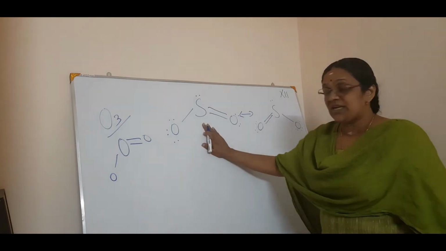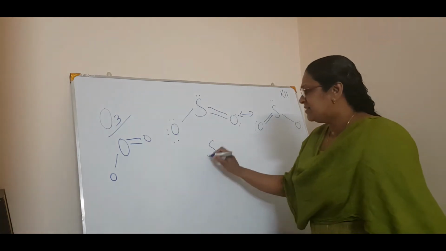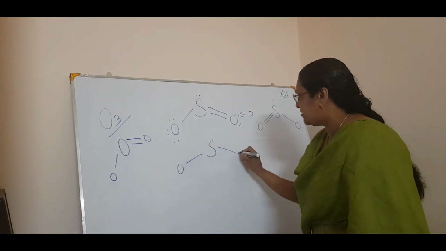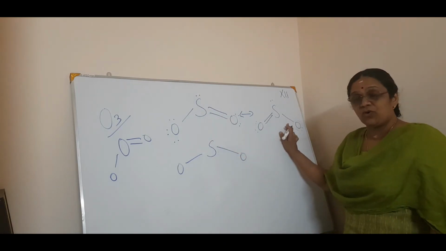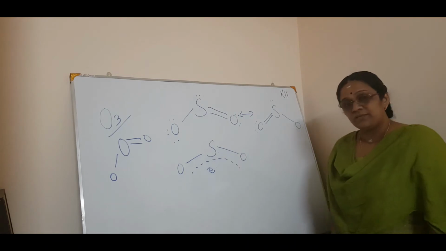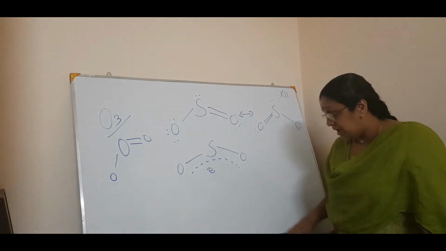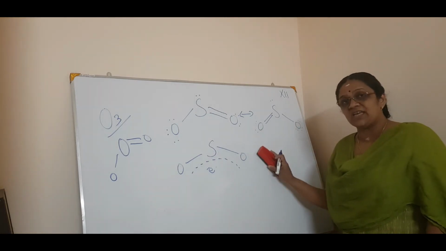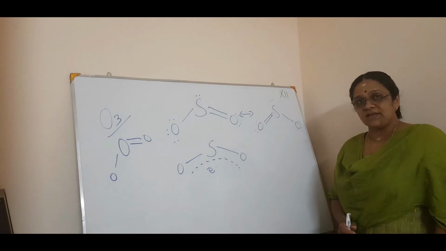So this structure is in resonance with this structure. Now how will you write the hybrid? Just for information, these two bond lengths are equal. That is why you call it resonance. So this is the electron cloud. So this is a hybrid. Okay, just read that. We will come to this resonance more in organic chemistry. Okay, so this is the structure of sulfur dioxide.